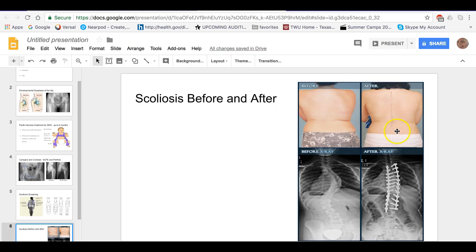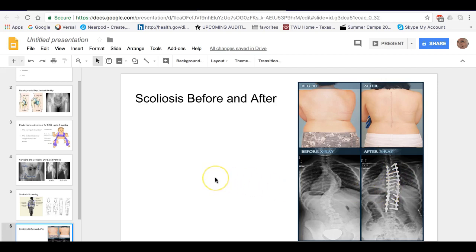This is post-operatively. Great scar right there. That is an incredible incision. And then this is what it looks like afterwards. So what they do with this spine is they take it, straighten it out, and then they fuse the spine here, and then they hold it in place with these rods and screws.